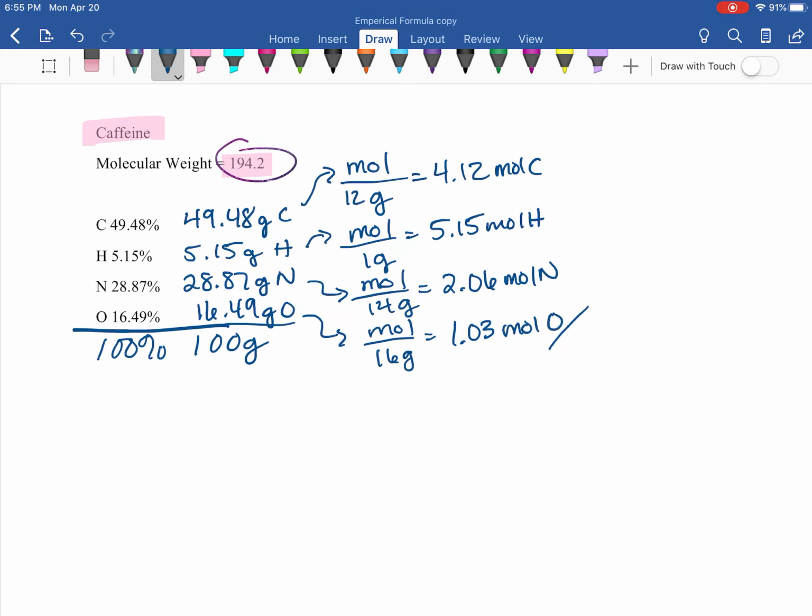All right, we're awful close to 1 on oxygen, so let's go ahead and just get that as close to 1 as we can. Let's see how close we get. All right, let's take 4.12. Oh, I got 4.